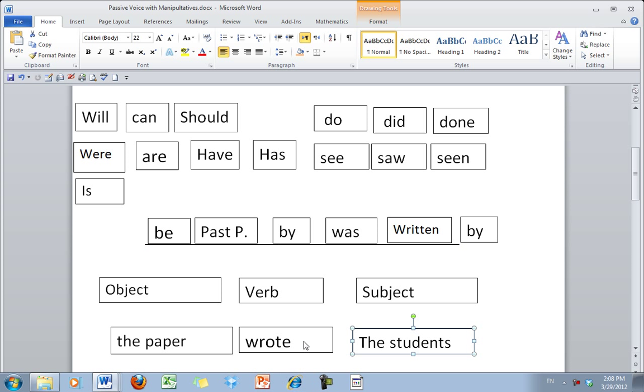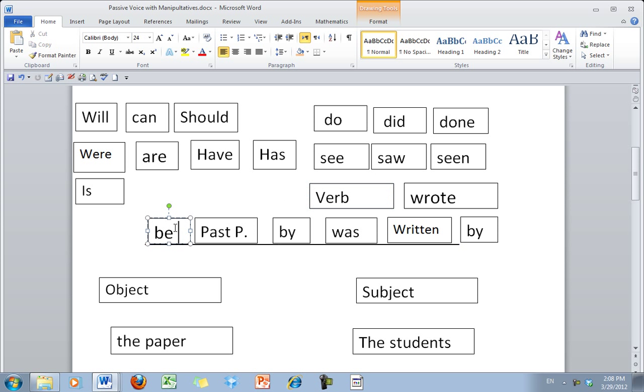And the reason why it doesn't make sense is because this verb is an active verb. It is the kind of verb that is used in an active sentence. What we need to do is take this verb, wrote, and change it to passive voice verb. First thing we do is we take this out. It's the first thing we do.